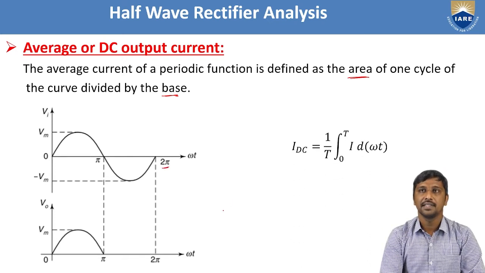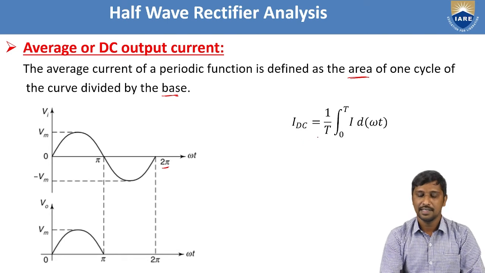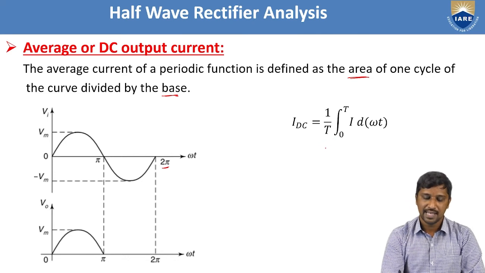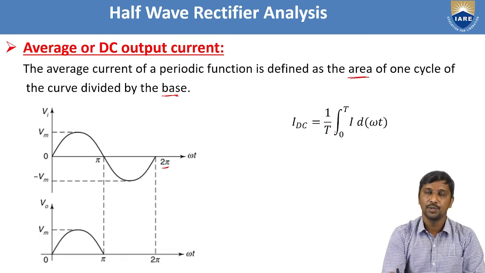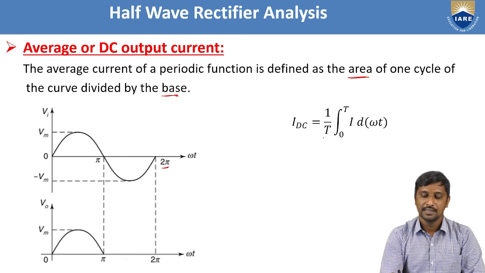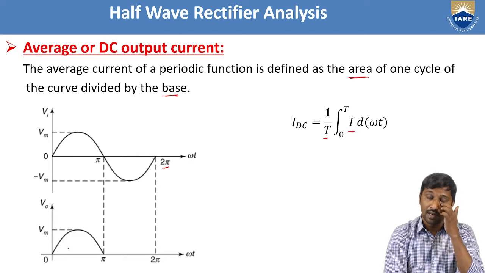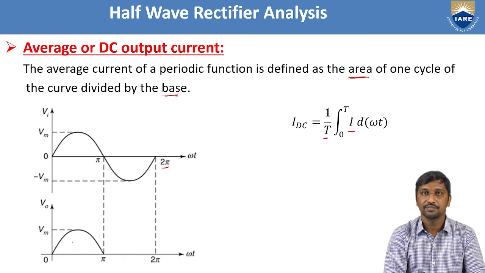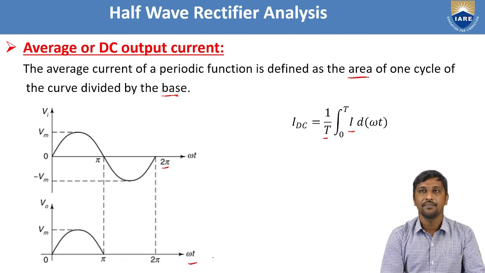Based on this definition, the DC current is the area of one cycle, which is 0 to T, represented as 0 to 2 pi, divided by the base. The curve contains the current, so it is I into d omega t, which changes linearly with omega t.